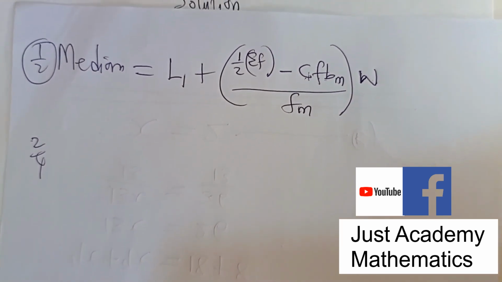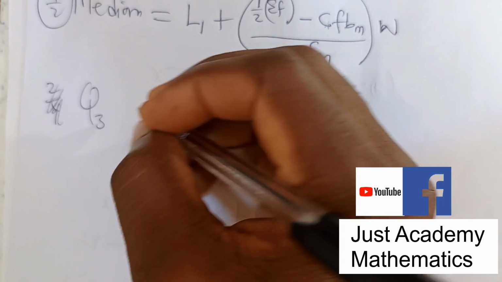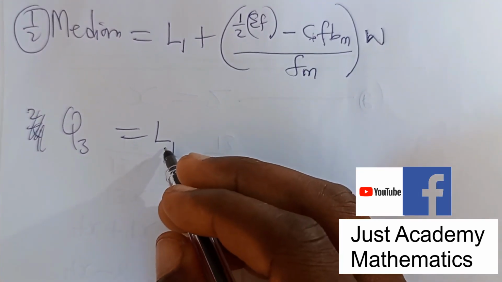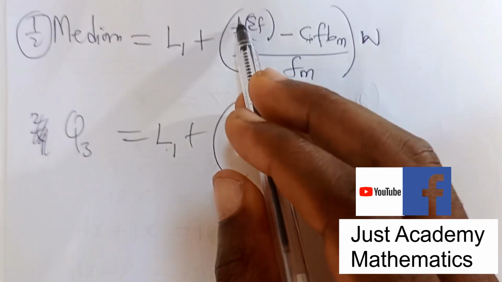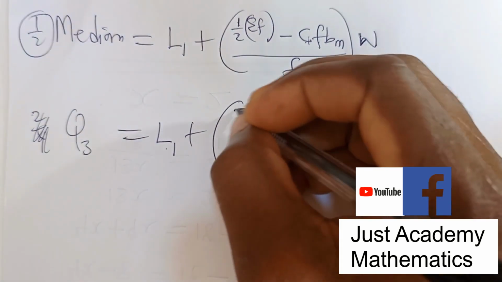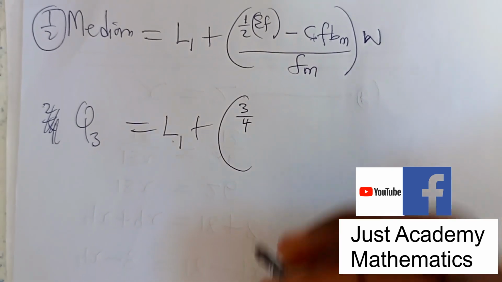That is second quartile. So if I'm looking for third quartile, that is Q3. Q3 will be what? L1, that is lower class boundary of the upper quartile, plus here you have 1 over 2 because it's median. If it is upper quartile, you use 3 over 4. That is for third quartile.